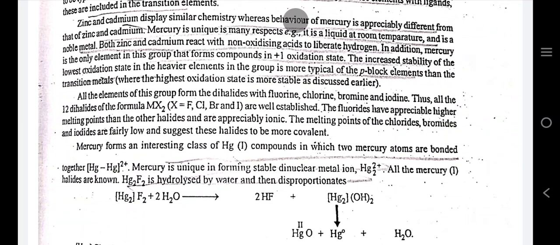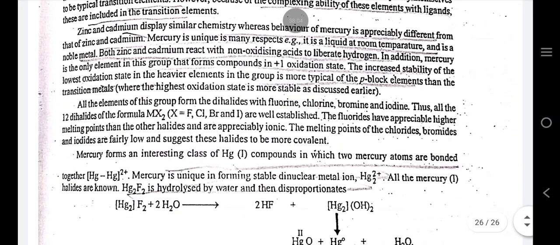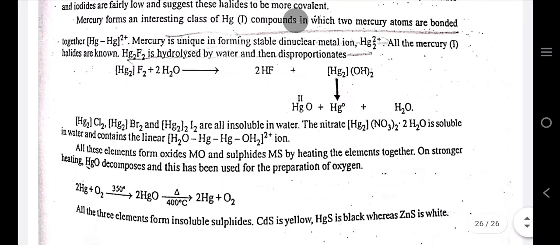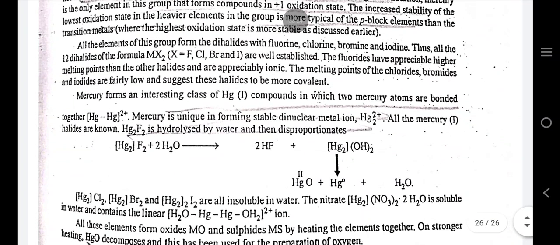The increased stability of the lowest oxidation state in the heavier elements of the group is more typical of the p block elements than the transition metals, whereas in the transition metals the highest oxidation state is more stable, as discussed earlier. All the elements of this group form dihalides with fluorine, chlorine, bromine and iodine.